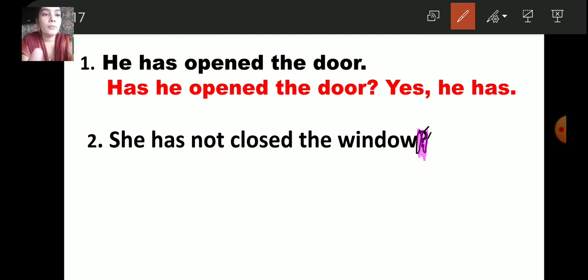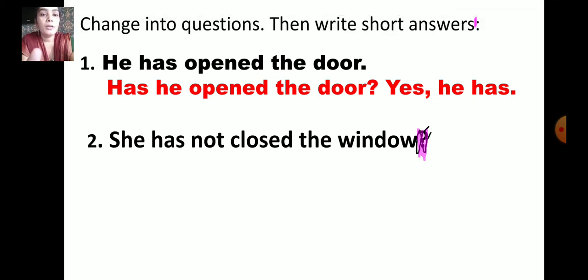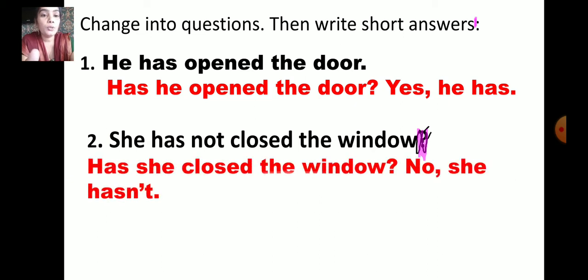And the question is, she has not closed the window. So you will put the verb first and then she. So, has she closed the window? Has she closed the window? So not is there. So your short answer will be no, she hasn't.